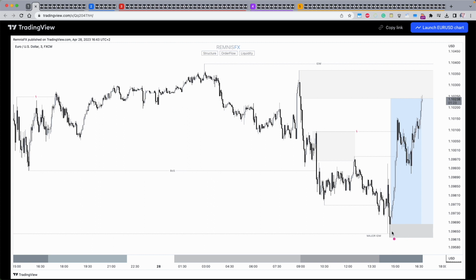At this point, after I posted this idea within the community, I actually took that position right after a major inducement got liquidated, and this one took out the previous one also, here from the lower time frame, and I just went with it.